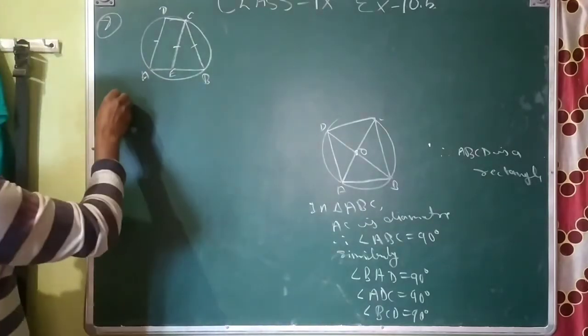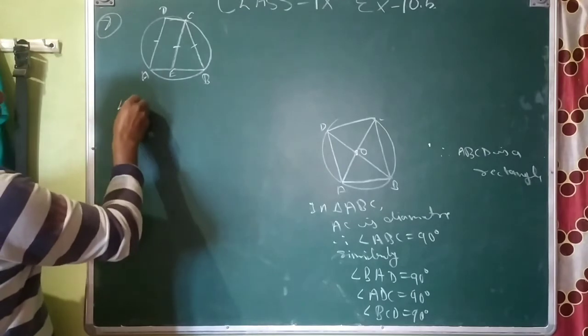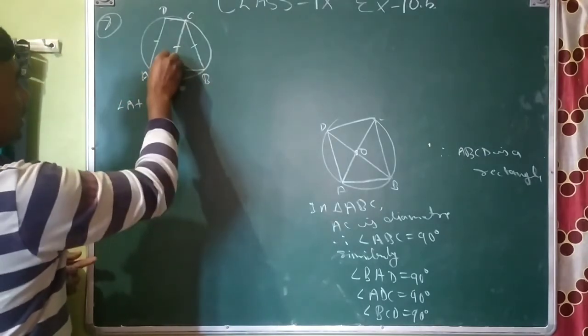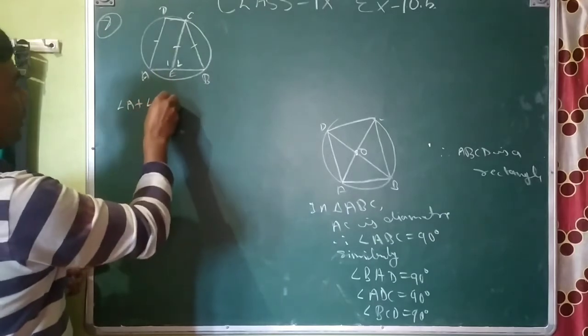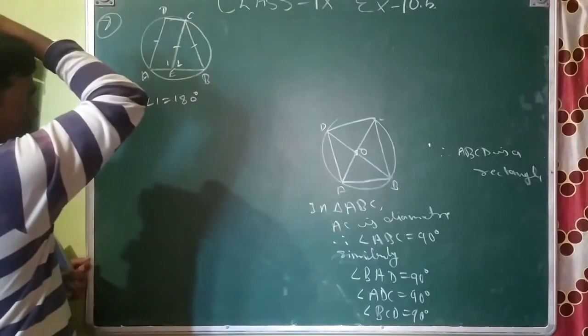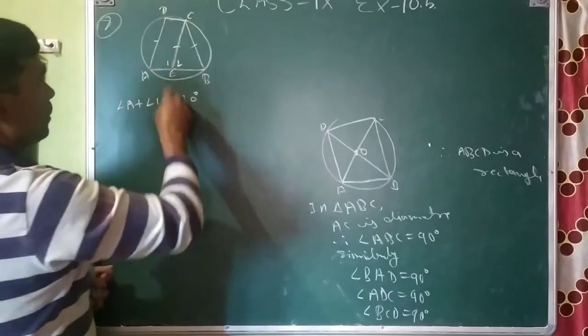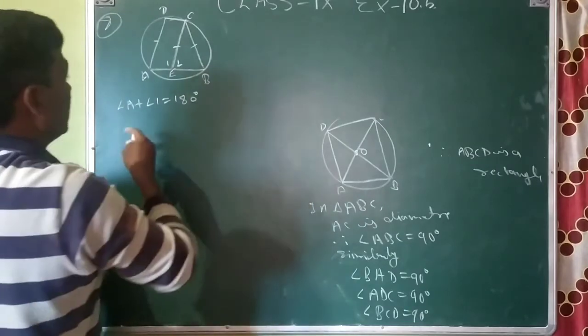So angle A plus angle AE, suppose that is 1 and 2. Angle 1 is equal to 180 degrees by the parallelogram, because that is a parallelogram.